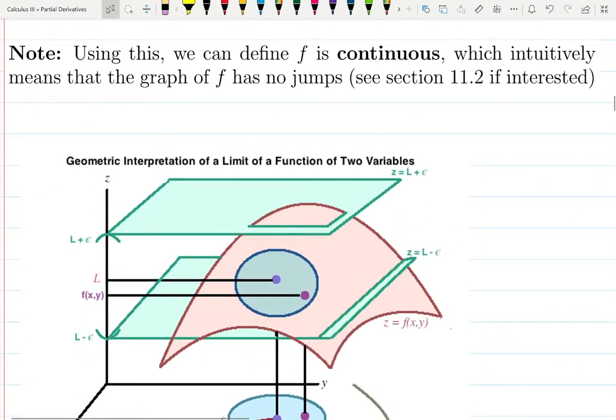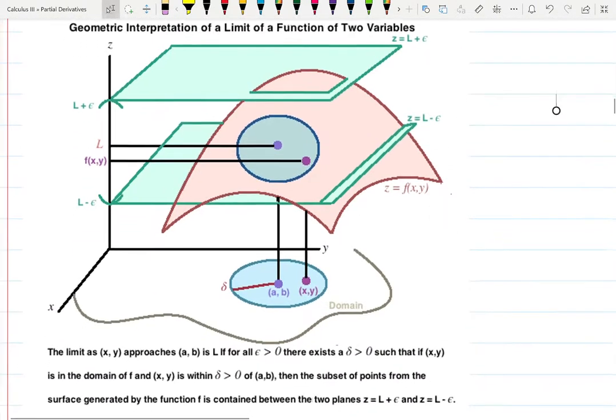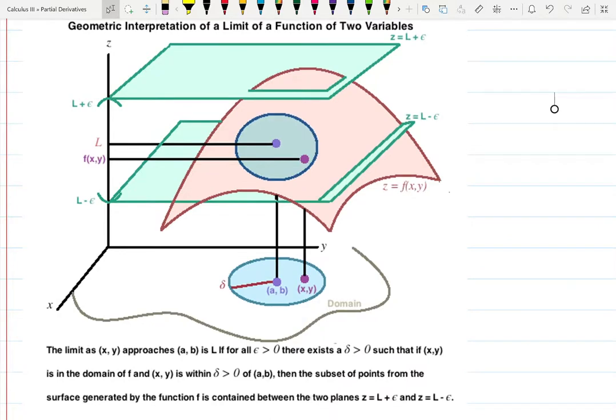Now, if we define limits, we can define continuity. Intuitively, it's the same thing. No gaps, no jumps means the function is continuous. You don't have to write down the definition below. But if you took classes with someone else, maybe you were lucky to see the epsilon delta definition of the limit or continuity.